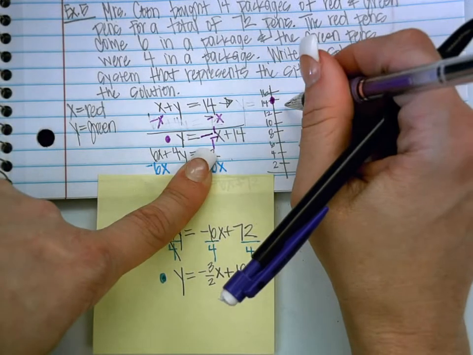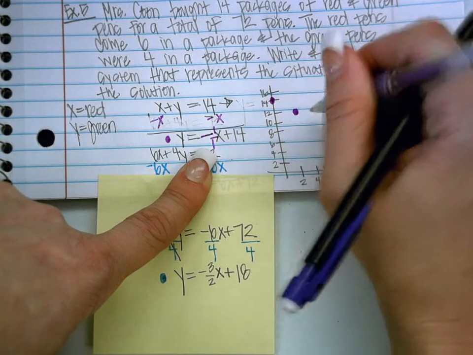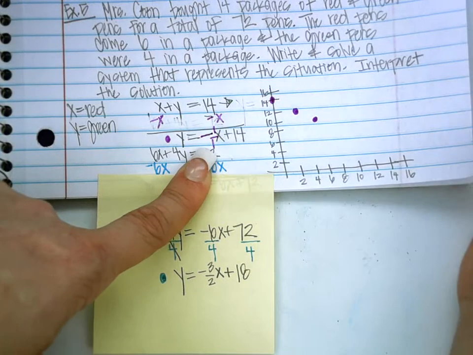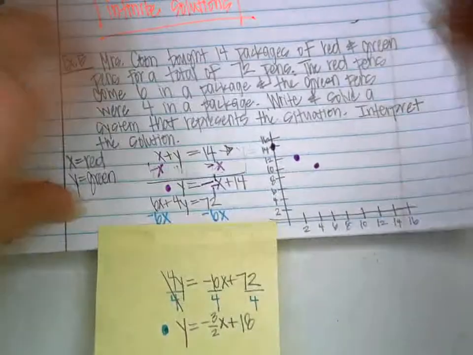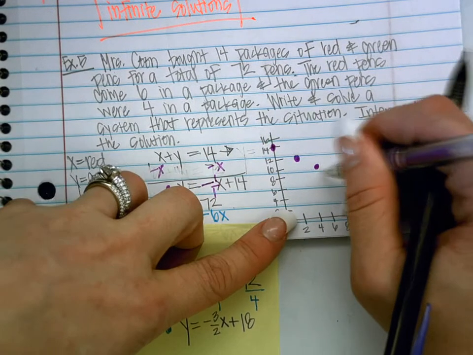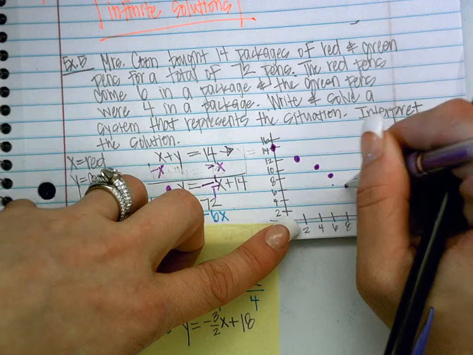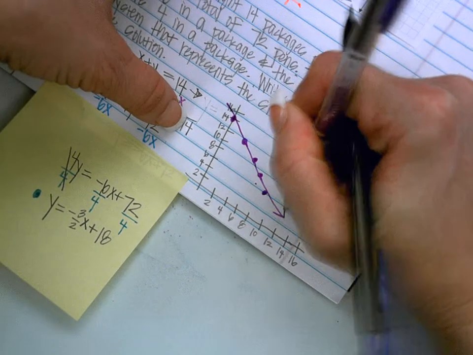So that means your next point could be here. Connect them with a line. Make it as straight as you can. Yes, down 1 over 1.